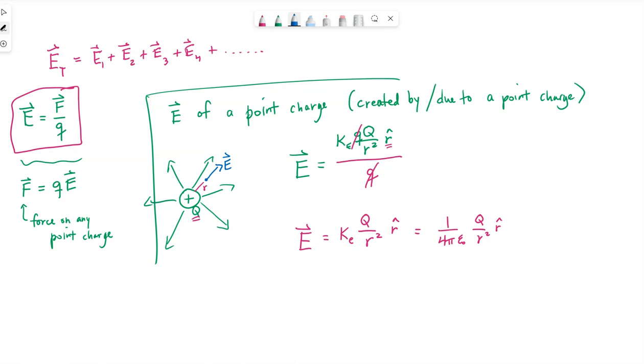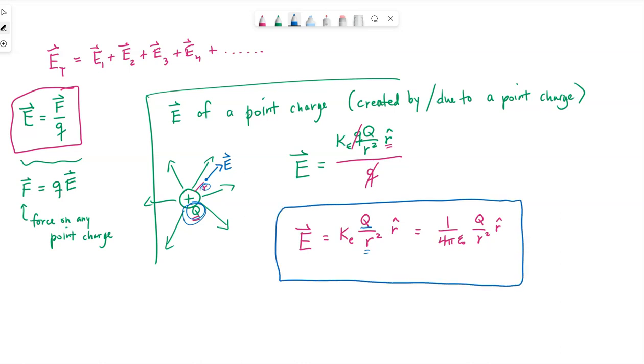The strength of this electric field depends upon the charge that's creating it. It depends upon how far away from the charge I'm measuring this electric field. So this is our equation to calculate the electric field due to a single point charge. It depends upon what the charge is, and how far away from the charge we care to find it.